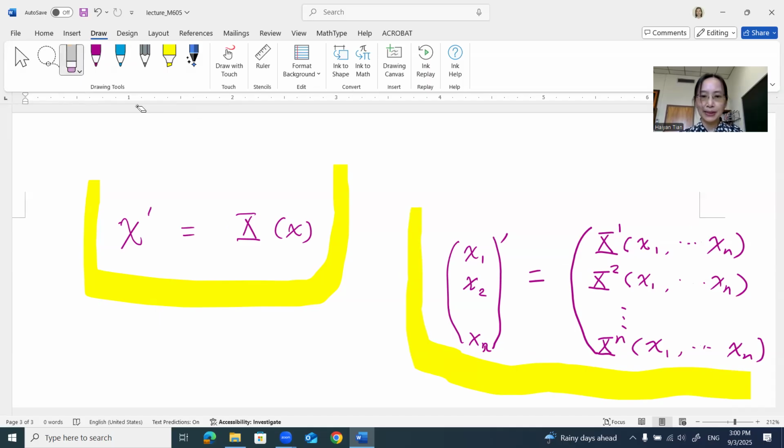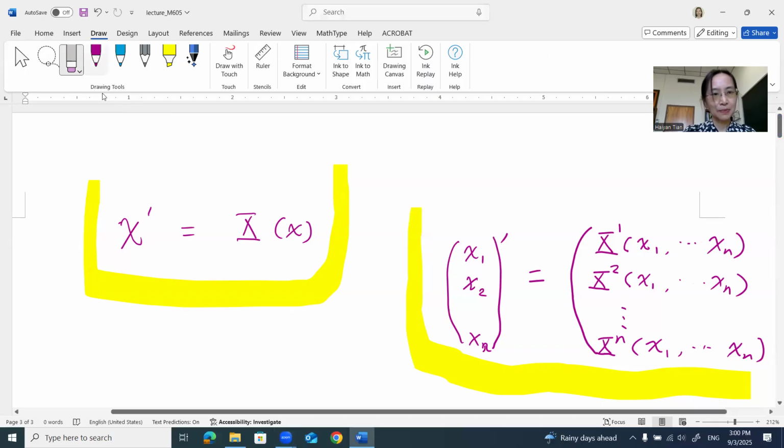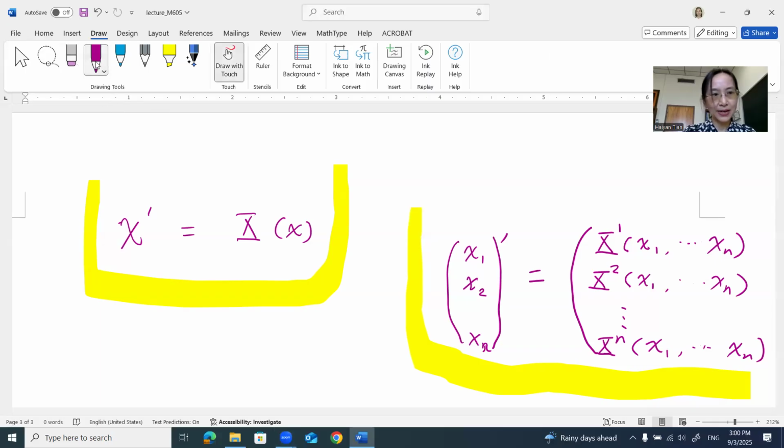Now, what do we mean by a solution of such a system of equations? Whenever we are looking for a solution, that means we are looking for a curve, alpha. So let's assume alpha in the place of x. So alpha has to be a vector valued function.